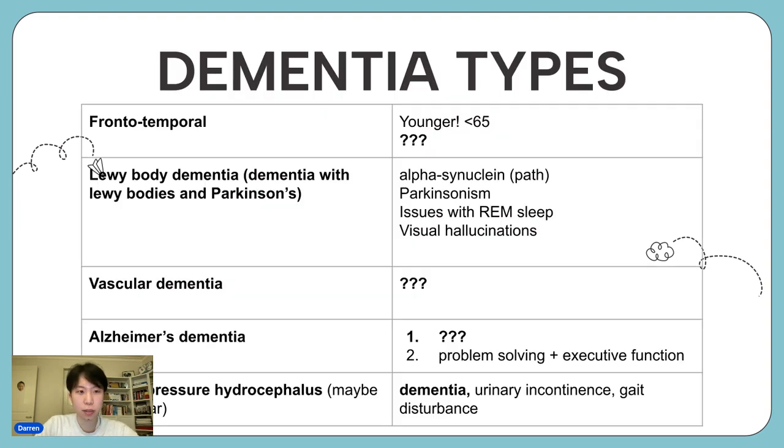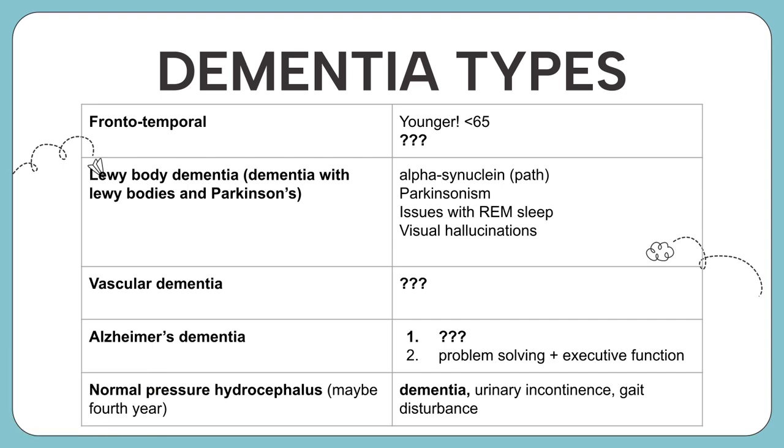Dementia types. Let me get rid of myself again. So frontotemporal, generally a younger person. Where I've put question marks, have a think about what other symptoms there may be. So frontotemporal, right? Think about what it's affecting. So what other symptoms may you expect there to be? Next, Lewy body dementia. You can see there's a bit of pathology in there as well. Vascular dementia.